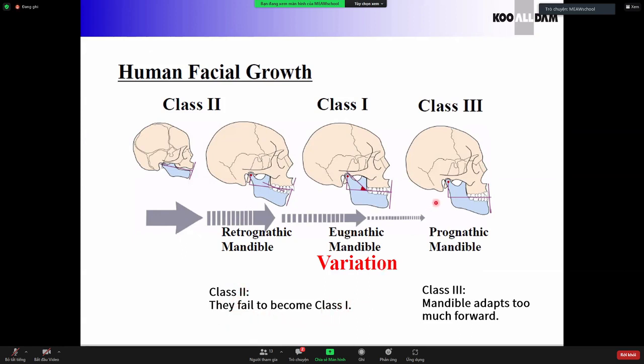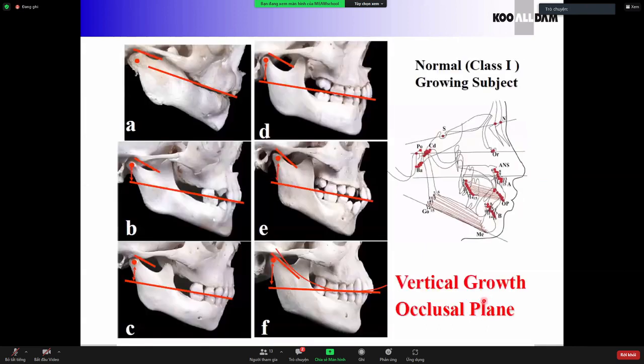On the other hand, in class 3, the mandible adapts to march forward. This is a normal growing subject. And we can see the vertical growth in the posterior part.